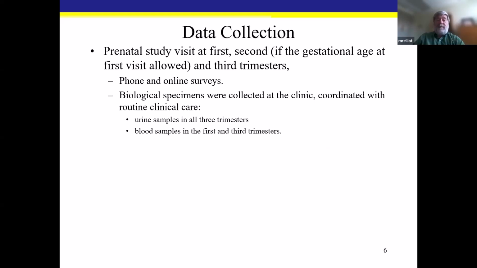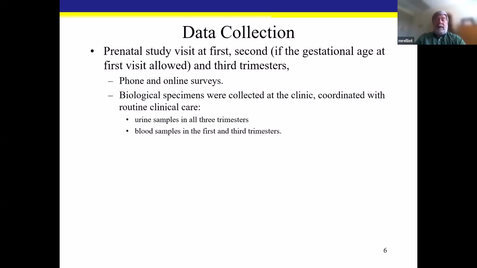For data collection itself, we tried to get prenatal visits at the first, second, and third trimesters. If they came in late, then we didn't do data collection at those trimester visits, but we still recruited them to the study.